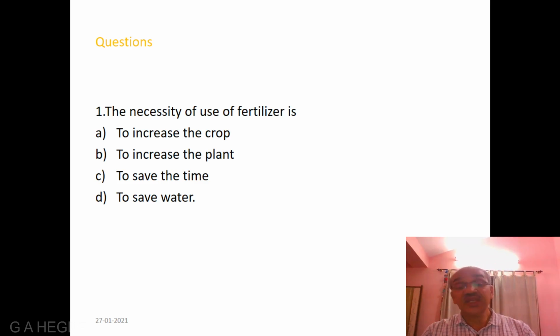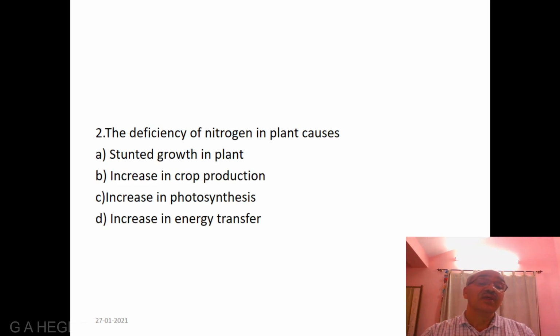The first question is, the necessity of use of fertilizer is, the correct answer is A, to increase the crop. The next question is, the deficiency of nitrogen in plant causes, the correct answer is A, stunted growth in plant.